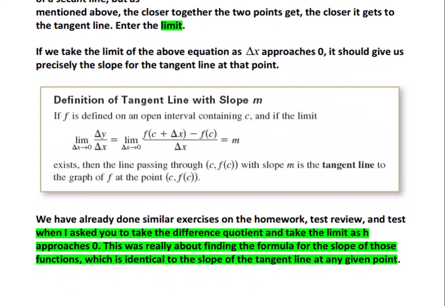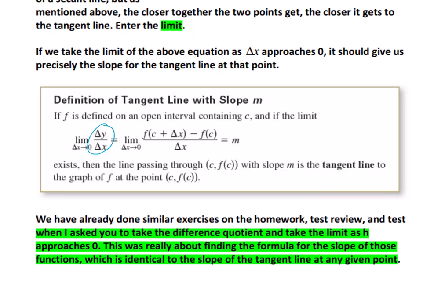So here's the official definition of a tangent line with a certain slope. Notice we're talking about the change in y over the change in x here, which is really just a modification of the old slope formula. In this form, we're talking about a point C, which is some definite x.